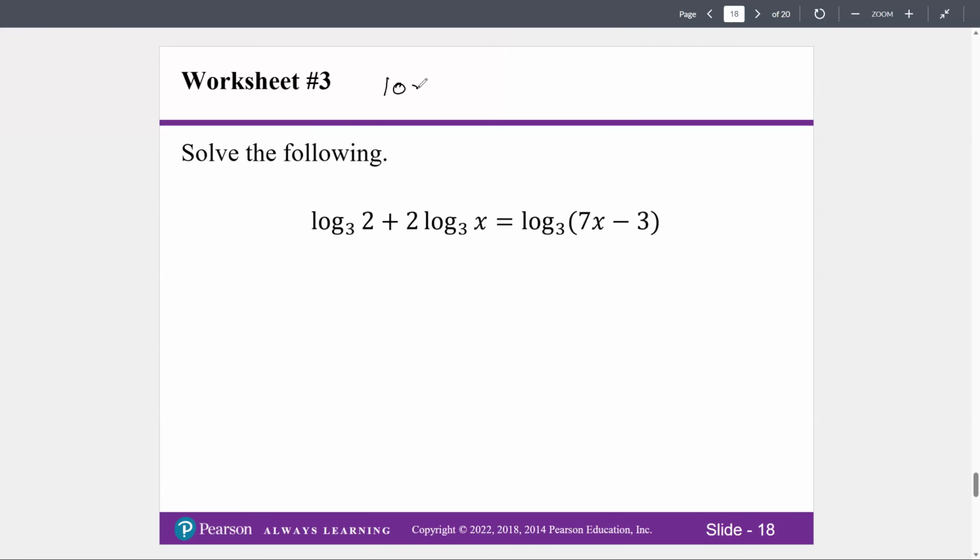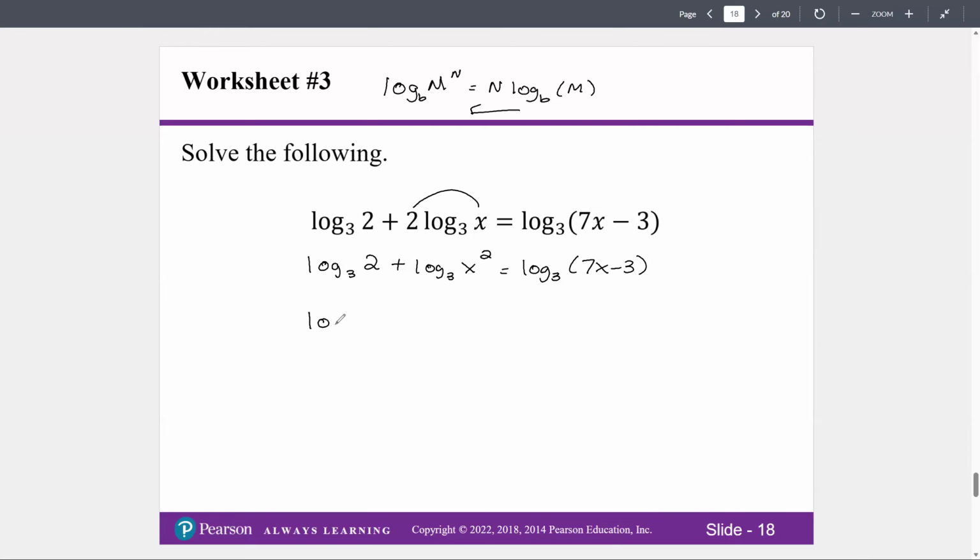Remember that we also said that n log base b of m is log base b of m to the n, which means going backwards, this is log base 3 of 2 plus, this 2 goes back inside: log base 3 of x squared equals log base 3 of 7x minus 3. Sorry about that. When I was drawing, I ended up covering up my 2 and didn't see it.